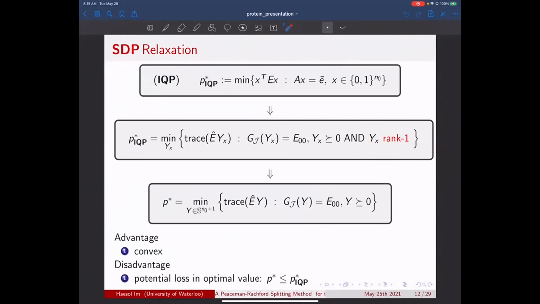However, having a rank 1 constraint is really hard. It's not even convex. So we lift this restriction and work with a general positive semi-definite matrix as the variable instead.